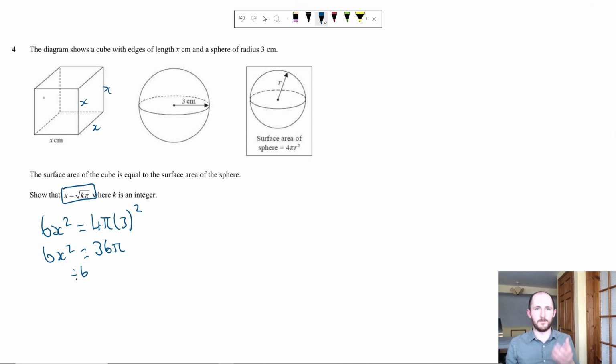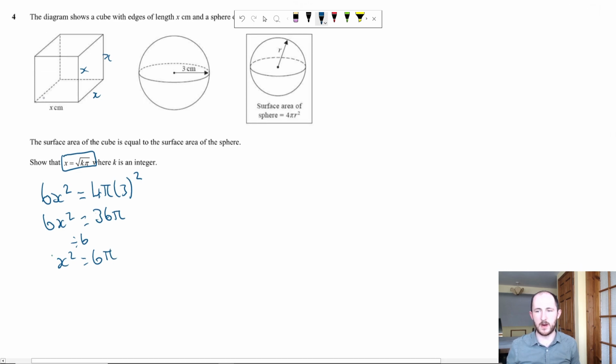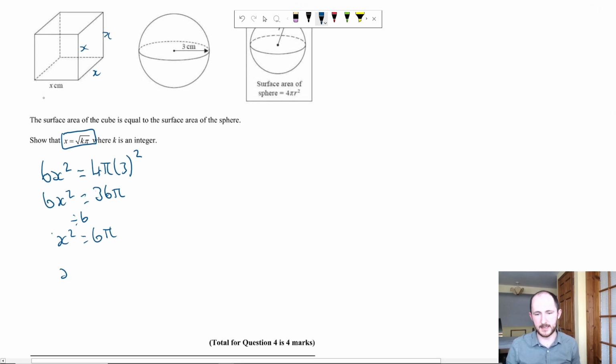So I'm going to basically rearrange for x. That gives me x squared equals 6 pi. And then we're going to square root both sides and we get x is equal to the square root of 6 pi. Just like that. So k in this case is 6. It has to be an integer and k is indeed an integer.